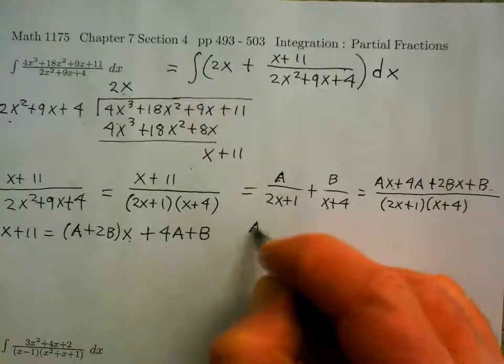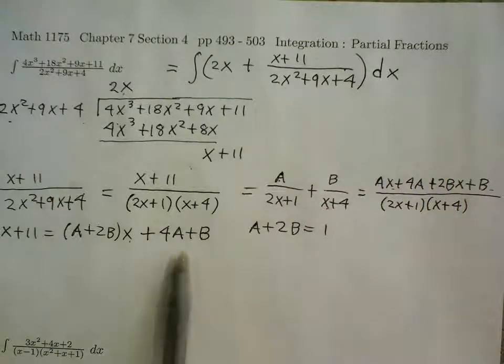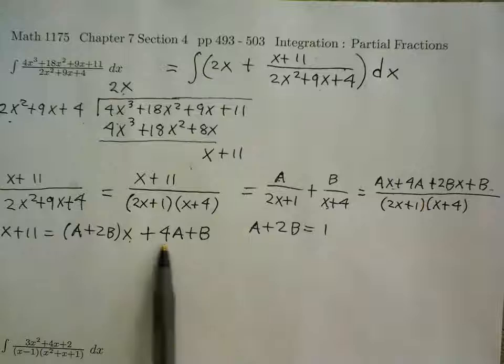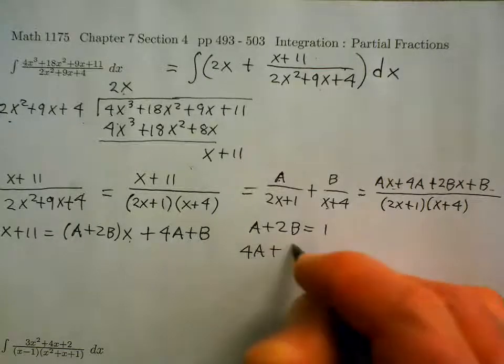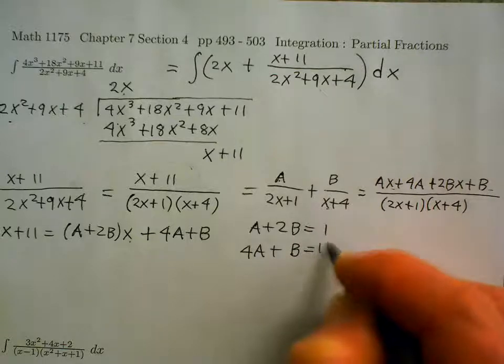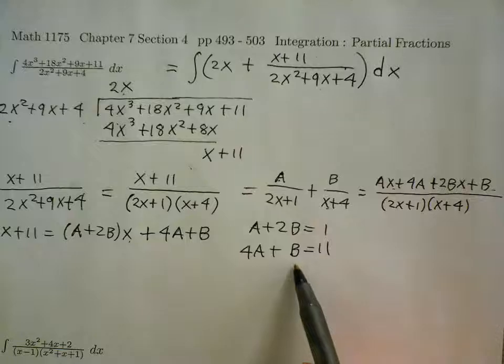So a plus 2b equals 1. And the constants have to be equal. 4a plus b has to equal 11. So all we have to do now is solve this system.